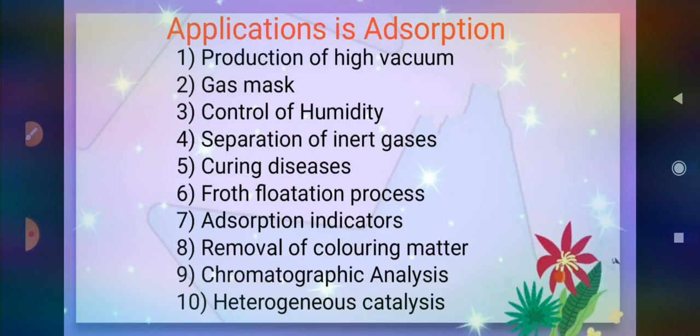Fifth, in curing diseases, that means the action of drugs works on the principle of adsorption. Froth flotation process, adsorption indicators, removing coloring matter, like the colored raw sugar solution which can be made colorless by the use of adsorption, chromatographic analysis, and heterogeneous catalysis.